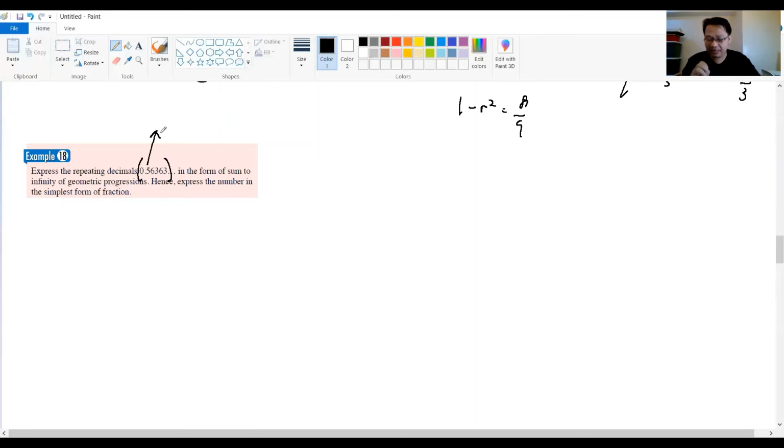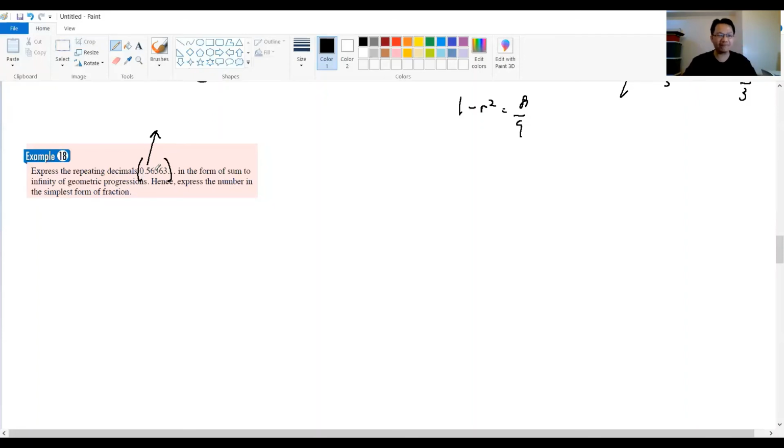It has a standard name: recurrent decimal. Recurrent decimal means there are repeated numbers. From 0.5636363, we can identify that the repeated part is 63. The 0.5 is not the repeated number.